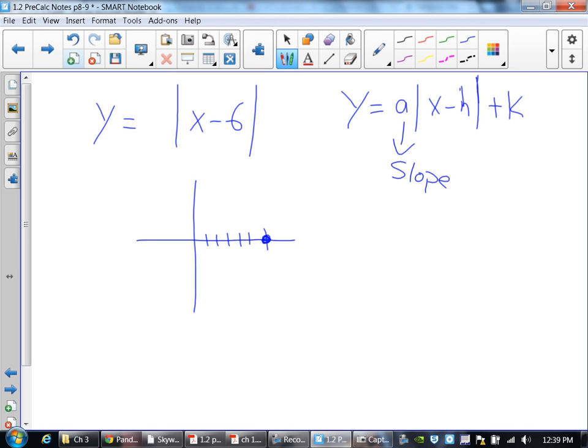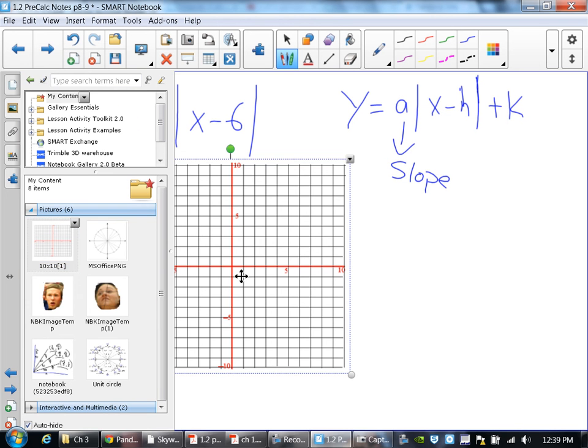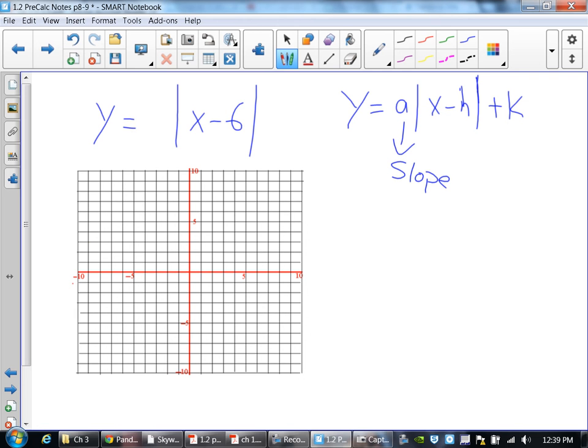Now, this a value, treat that as a slope. When I'm saying about treating it like a slope, I should probably put a piece of graphic work here. I'll give you guys some graphs to do tonight. When I'm saying treat this like a slope, is it positive or negative in this case? It's positive, which means it's going to open upward.